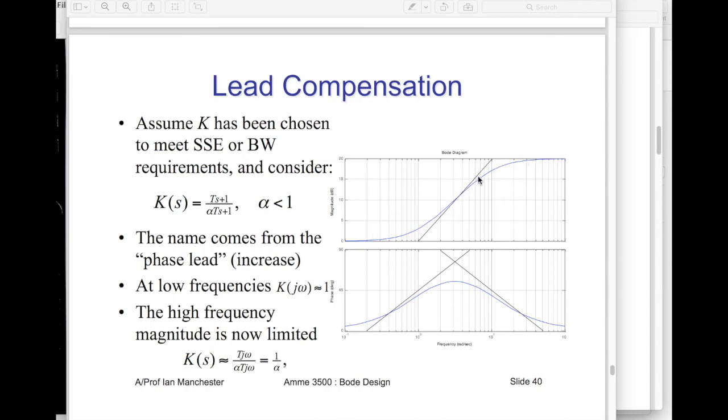Okay? But unlike a PD controller, it doesn't keep increasing forever, it levels off at some point. Now, we need to take this boost into account to do some adjustments, but the main idea is to choose a frequency and to boost the phase at that frequency.